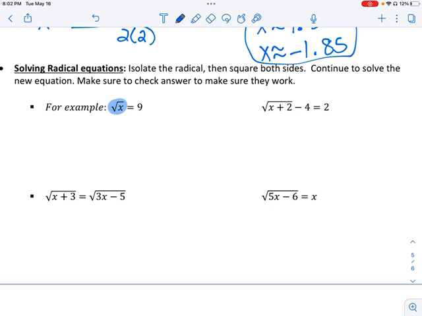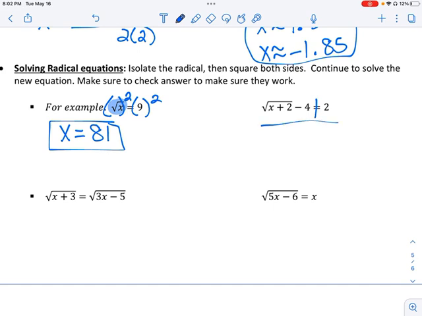So here I'm isolated, so my next step is I'm going to square both sides. So that's going to get me x equals 81. If I plug that back in, square root of 81 is 9, so that one works great. On this second one here, the first thing I need to do is get rid of this 4. So I'm going to add the 4, and the reason for that is that's my radical there.